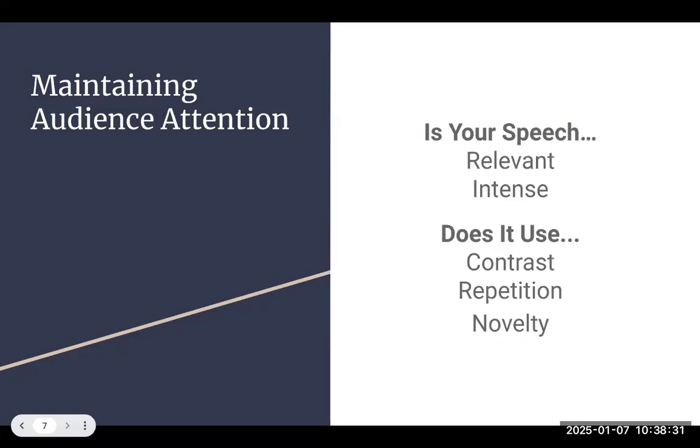You can talk faster in some parts, and slower in other parts. Repetition is repeating the important points more than once throughout your speech. Novelty, once again, don't just assume because you have done something a lot that there isn't more to learn. Using this idea of novelty, that there's more to learn that you can share about your topic, will also keep people engaged.